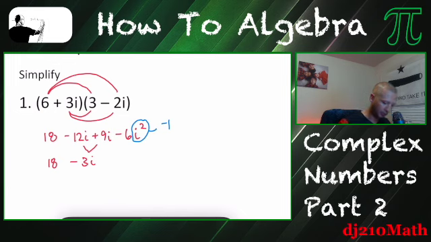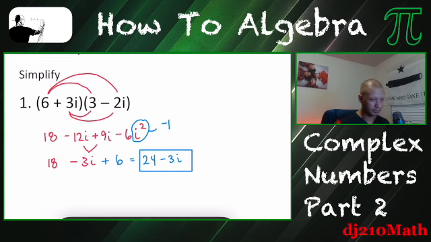So this is going to be -1 times -6, so positive 6. Again, combining like terms, 18 plus 6 is going to be 24 minus 3i, which is a complex number. Right, we have a real part and an imaginary part. All right, let's try it again.